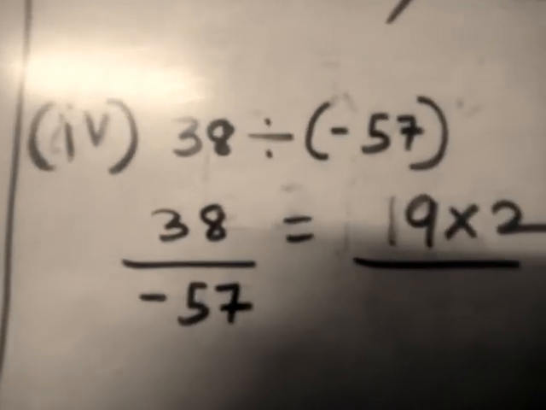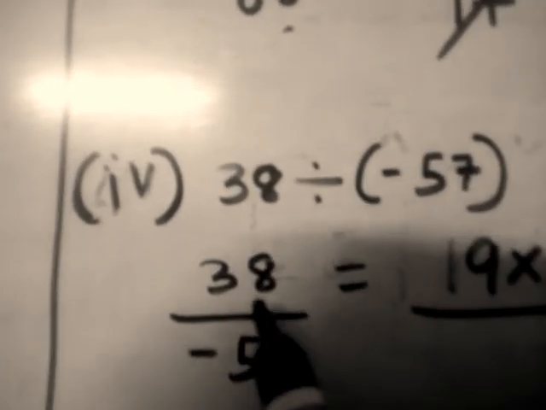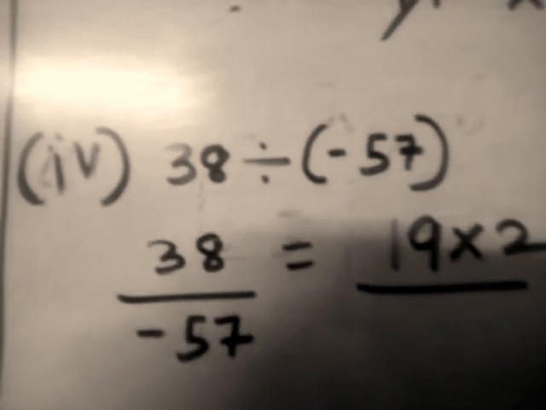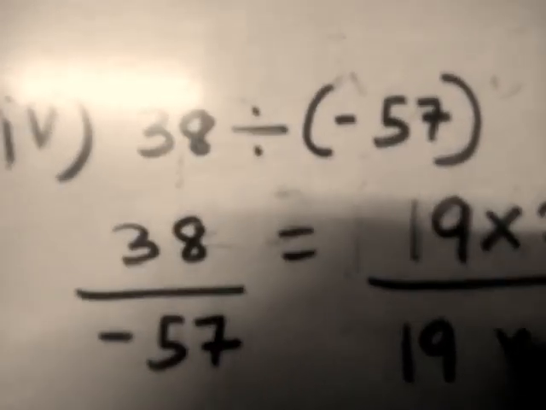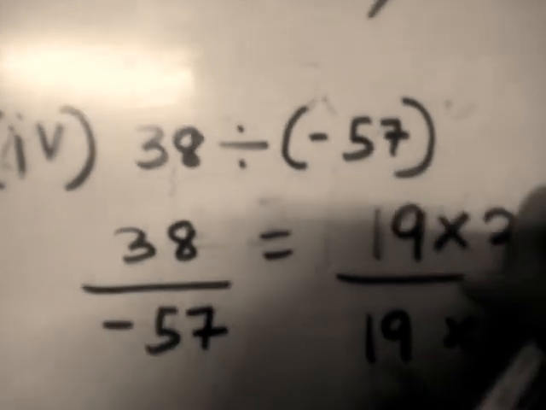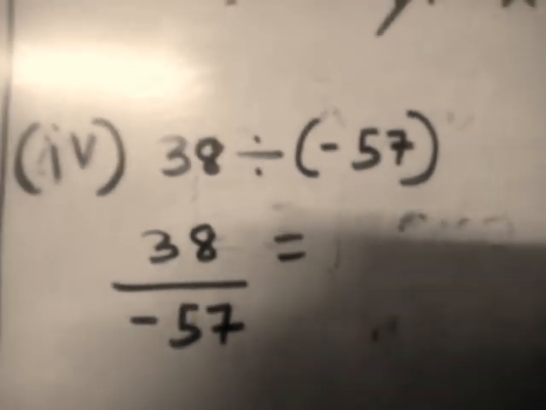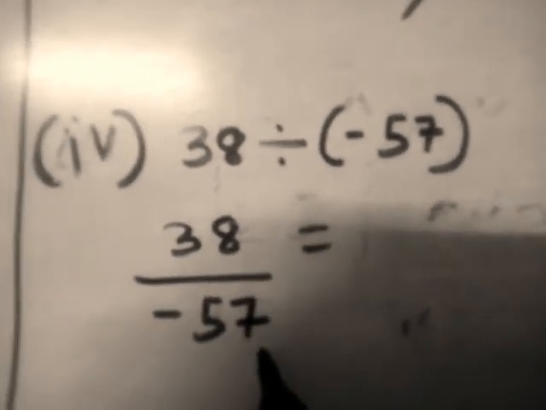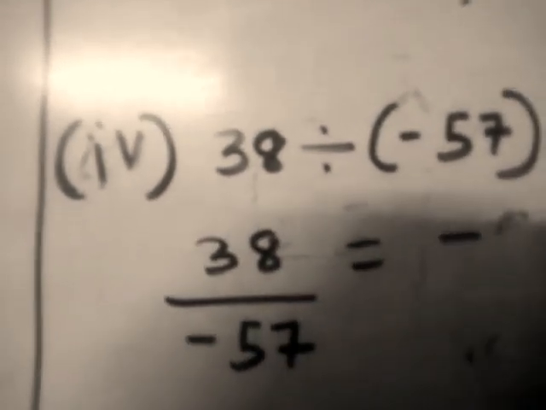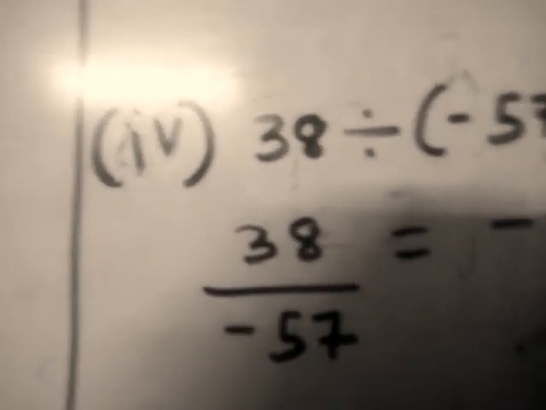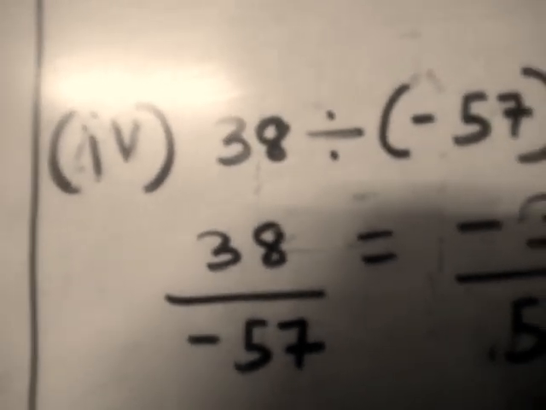That means both numerator and denominator are divisible by 19. 38 has 19 twos going, and 57 has 19 threes going. But I already told you, before you do this, for 38 upon minus 57, if the denominator is negative, you have to make the numerator negative. Minus 38 upon 57.